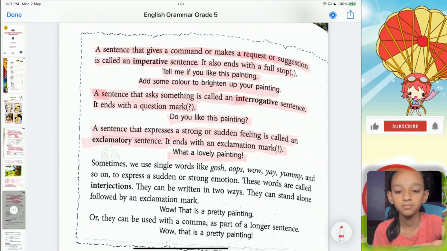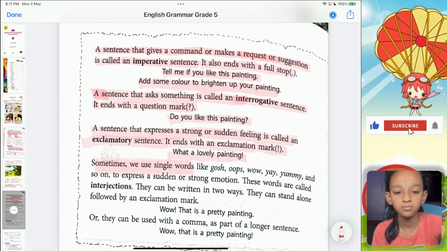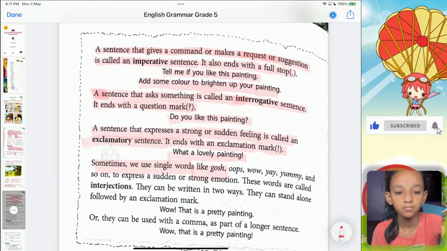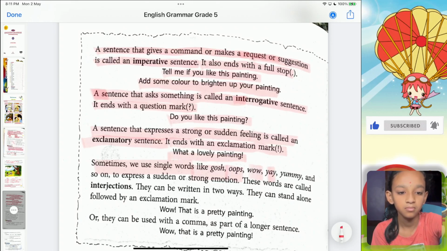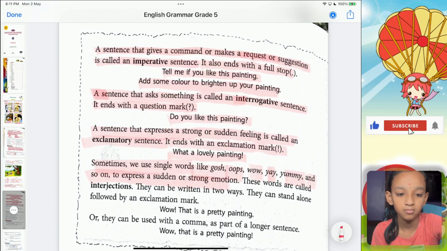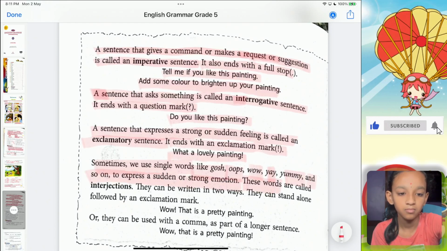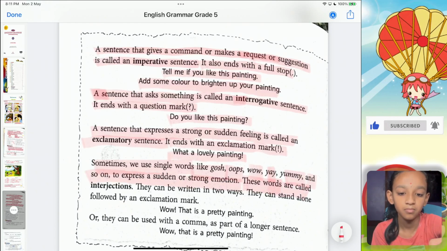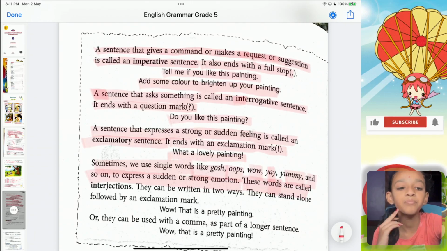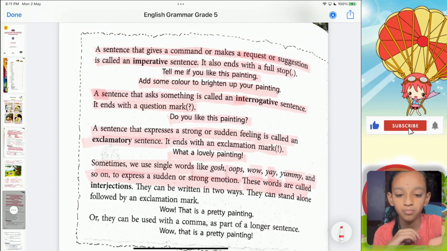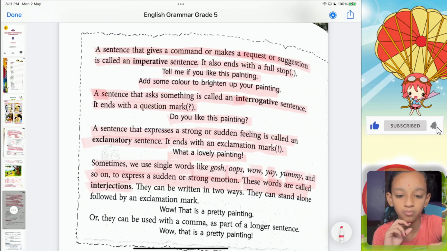Sometimes we use single words like gosh, oops, wow, yeah, yummy, and so on to express a sudden or strong emotion, right? So these are some of the words which can be used to express sudden emotions, and these words are called interjections. They can be written in two ways.